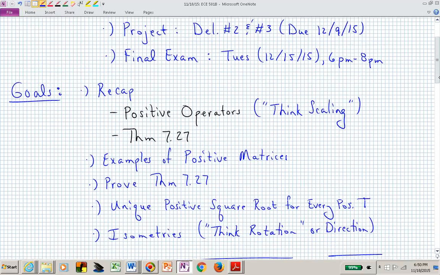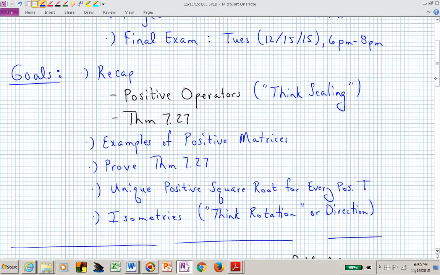What I want to do today is recap what we mean by a positive operator. When you hear positive operator, you might think scaling. Think of that like a positive number. It can either contract or expand, in terms of being bigger or less than 1.